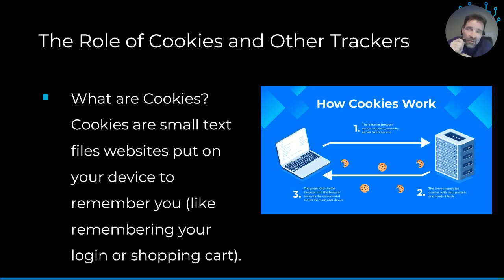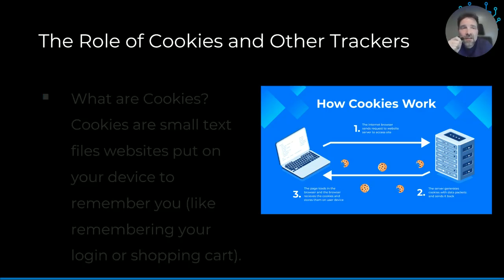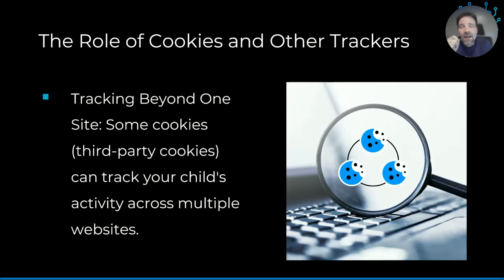If you have a profile on that site, it doesn't matter if you leave the site and come back, or even if you access the site from another device, the shopping cart will be the same. And that's done using cookies. And as I mentioned, some of these cookies can track your child's activity across multiple websites, not just the site that installed it, right?